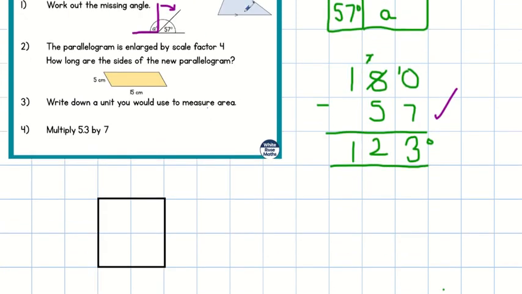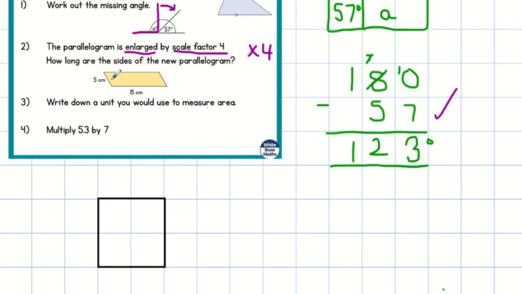Okay, question number 2 then. The parallelogram, which you can see here, is enlarged. So what does enlarged mean, Year 6? That's right, it's got bigger by a scale factor of 4. How long are the sides of the new parallelogram? Well, I know if it's enlarged by a scale factor of 4, then that is 4 times larger.